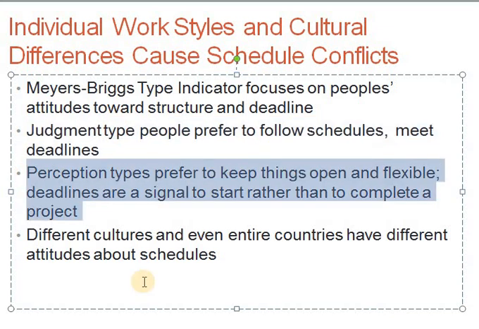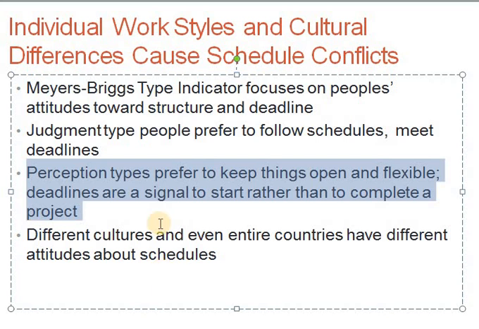So the other type we are considering is the perception type people. Perception types prefer to keep things open and flexible. Deadlines are only a signal to start rather than to complete a project. So these are those persons who bring psychological preferences in how they perceive the world and make decisions.